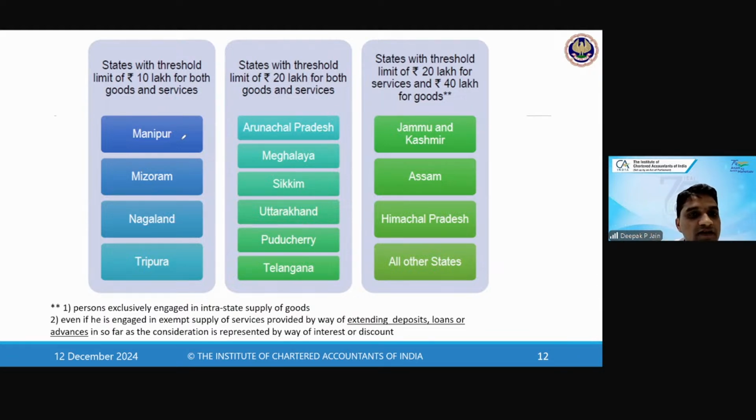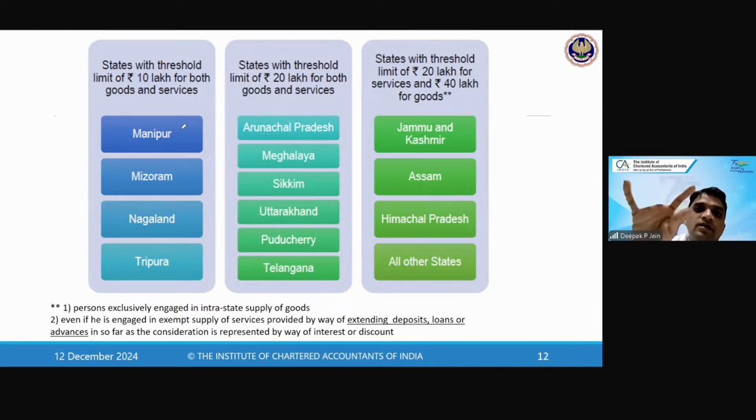First is Manipur, Tripura, Nagaland, Mizoram. We know the limit is 10 lakhs there. The 10 lakh limit is for both goods and services. So 4 states, the limit is 10 lakhs. Then 6 states: UP must, okay, that's the name which one of the students had given.